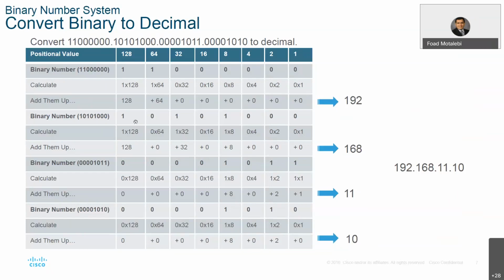Wherever there is a 1, just add up that area. Okay, so you'll get the relevant numbers. So this binary IP address means 192.168.11.10. Okay.